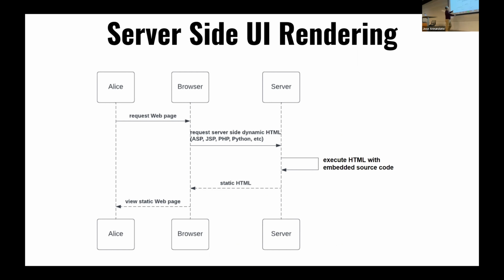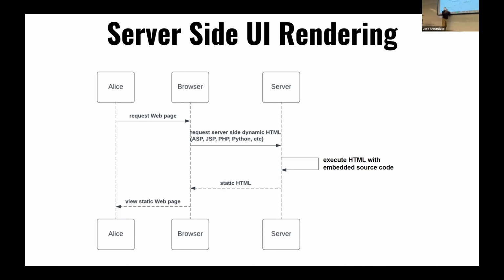A user would request a page, and that page would be written in PHP or JSP or ASP or Python or some server-side technology. The server would execute, calculate what the HTML result would be, and then send it back to the browser.